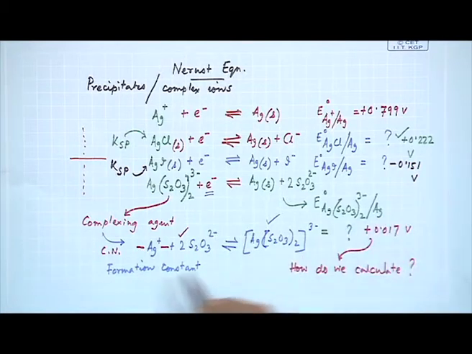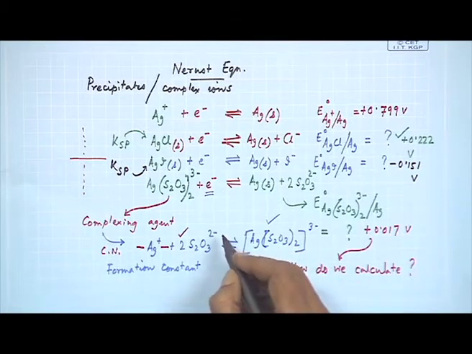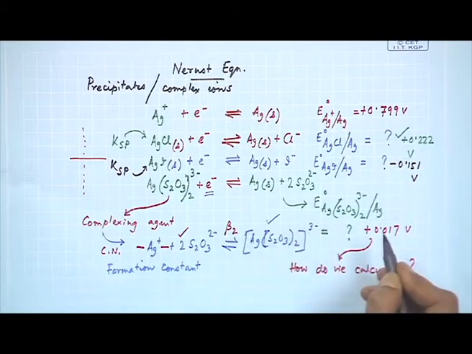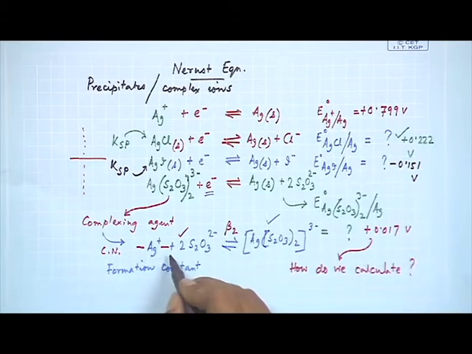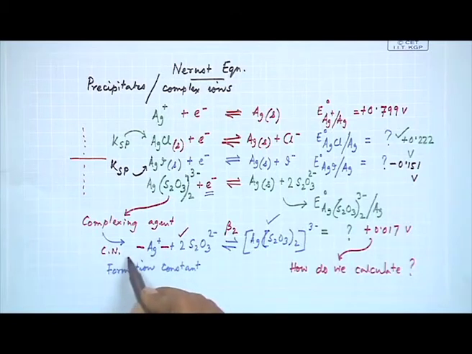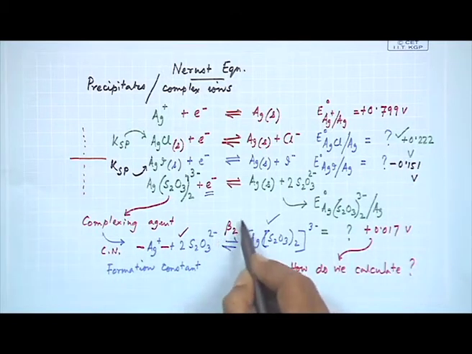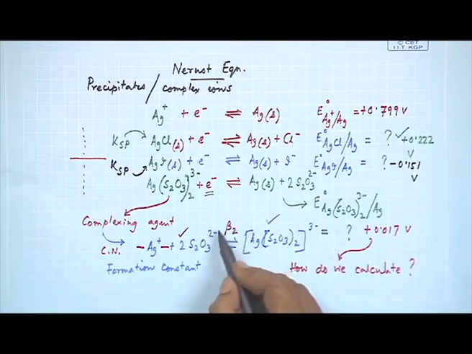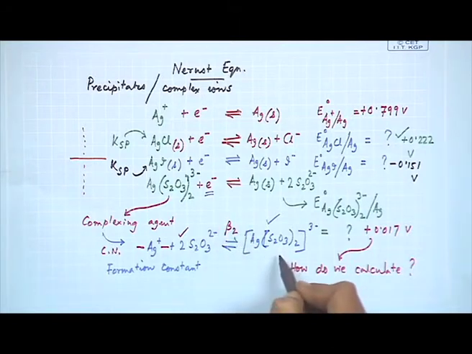If we have a step K1 for the first attachment and K2 for the second attachment, the overall formation constant is considered as beta 2, the overall formation constant for the complex ion being formed.